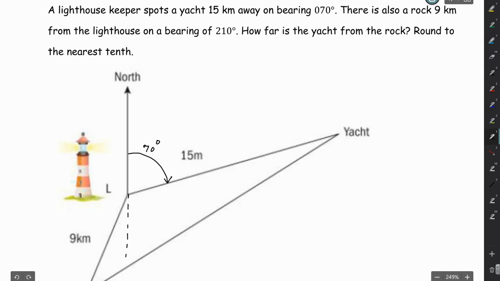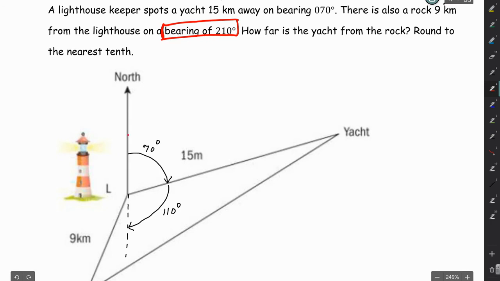So if that's 70 degrees, then from here to this line is going to be 100 degrees. All right, that takes care of this and this. There is also a rock 9 kilometers, it's already marked on our picture, from the lighthouse on a bearing of 210 degrees. So let me do that in a different color.